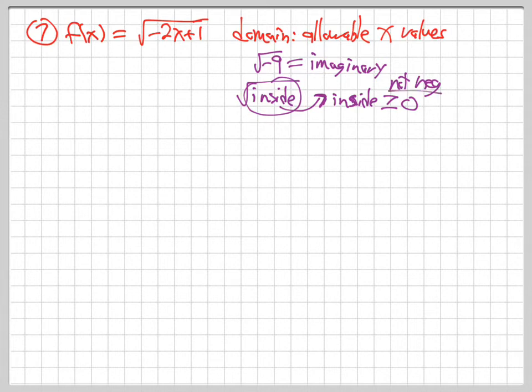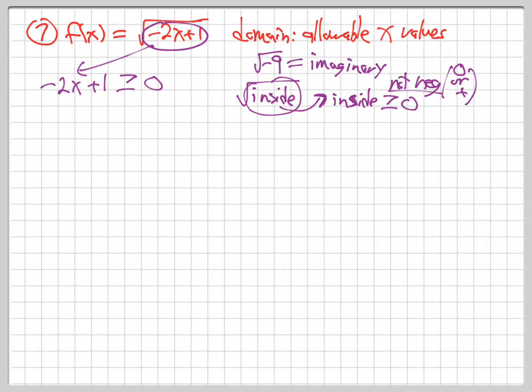If something is not negative, it's 0 or positive. That's greater than or equal to 0. So that's what we do when we have a square root for domain. We say, hey, inside, you have to be greater than or equal to 0, because you can't be negative.